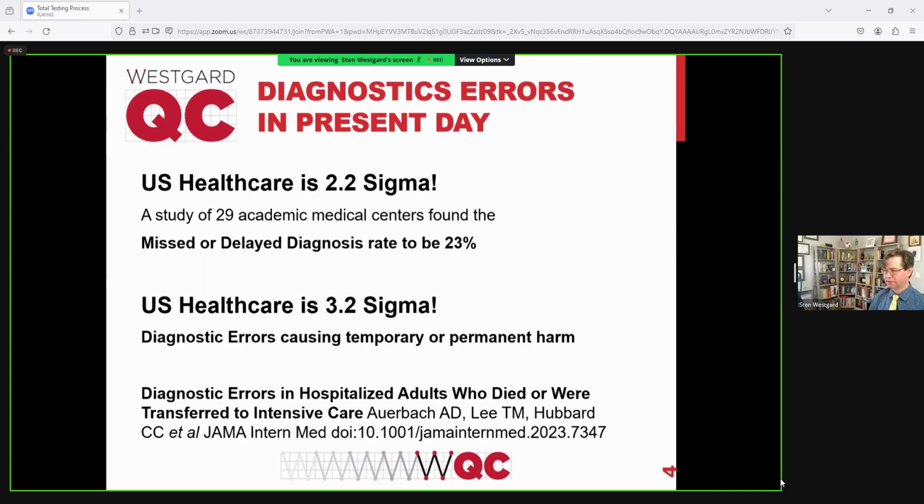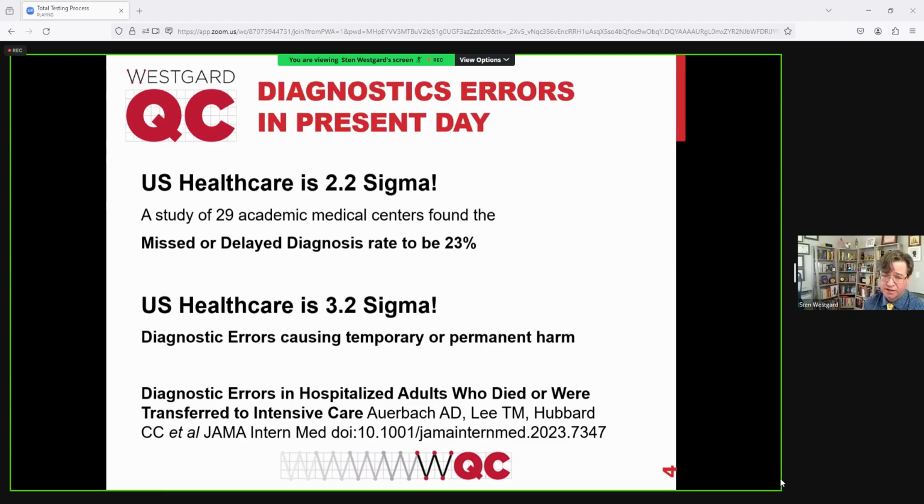Some of you, I hope, are already familiar with Six Sigma and what we'd like our metrics to be, 6. Others, I'll just give you the quickest introduction. Below 3 is not good. 3 is the minimum acceptable, 4 is good, 5 is excellent, 6 sigma, that's obviously the ideal, that's almost perfection.